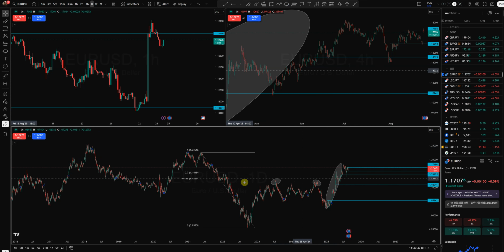So with these two attempts, we still see it as a downtrend, right? Because it's not breaking this level.